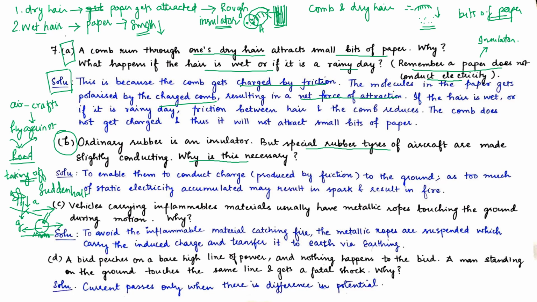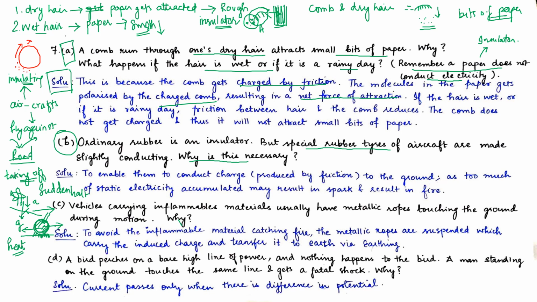Three different forces are acting on it, due to which the combination of all three on this particular tire of the aircraft gives us heat, a lot of heat. If we think that this aircraft's tire is made up of a normal insulating rubber, on an insulator the charges do not flow, instead they will stay at the same point.